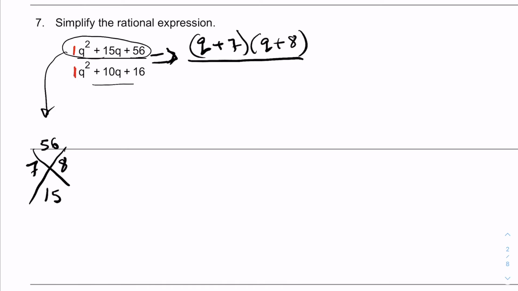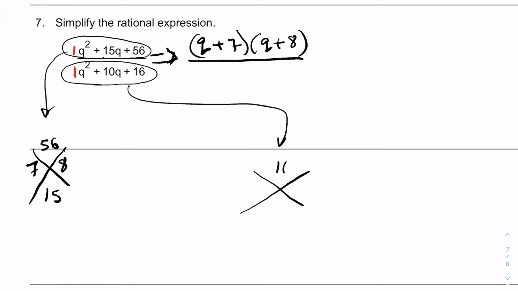And then we take a look at the denominator here. Let's work that right here. We say what multiplies to 16 and adds to 10? Well, what multiplies to 16? How about 8 times 2 is 16 and 8 plus 2 is 10. So this will factor down to q plus 8 times the quantity q plus 2.